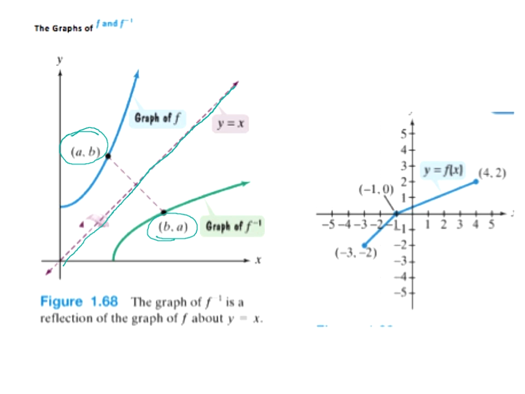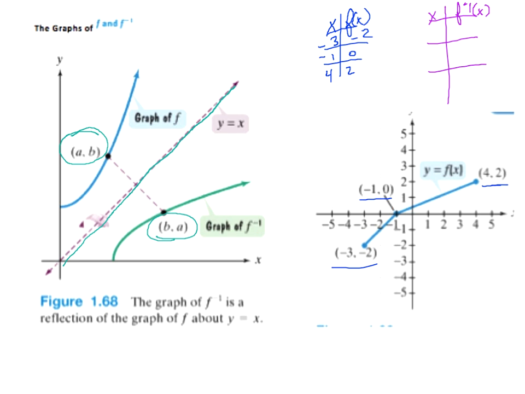I'll do the x, f of x table here in blue, and I'm already given my key points to use. So I've got (-3, -2), (-1, 0), and (4, 2). So my x, f inverse of x has to have the flip-flopped points: (-2, -3), (0, -1), and (2, 4).